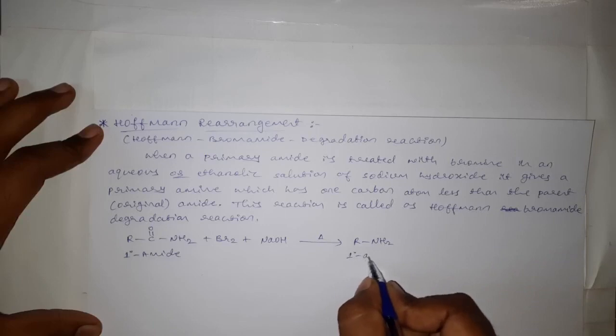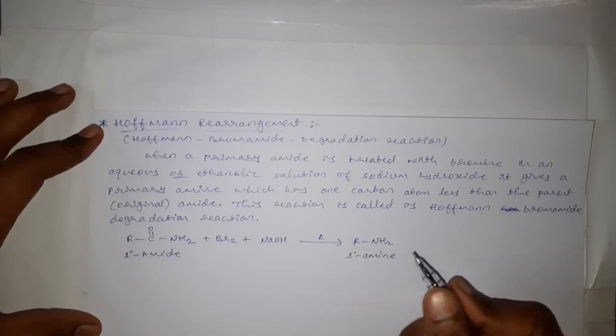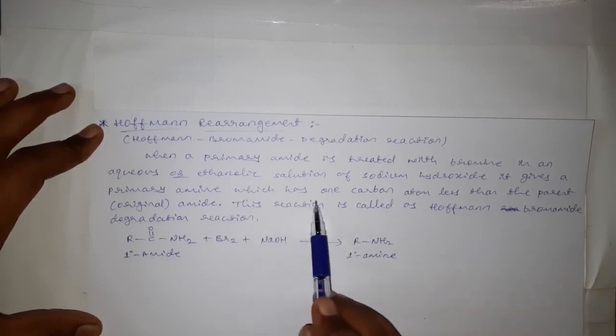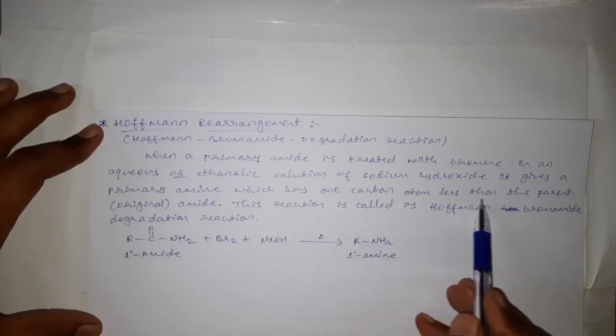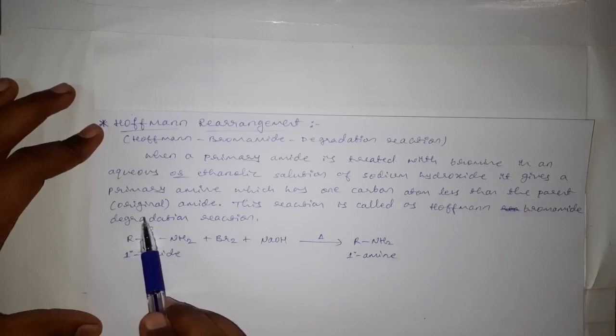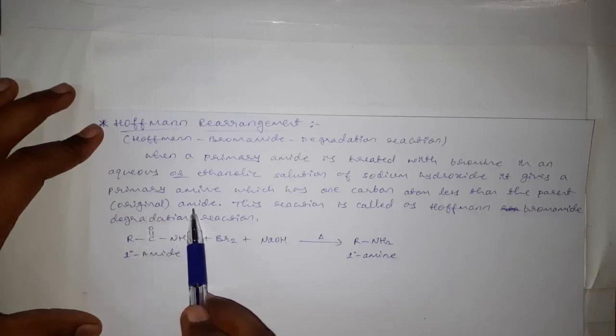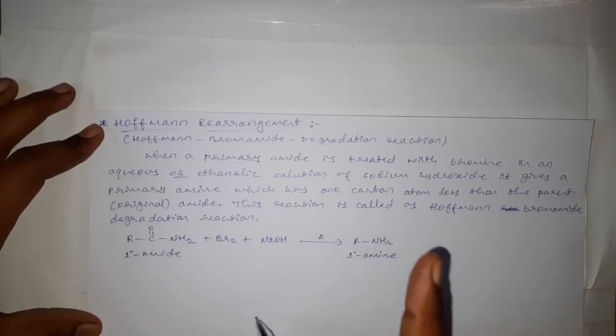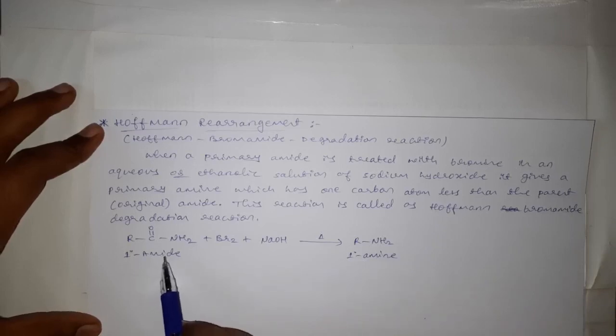This primary amine has one carbon atom less than the parent or original amide. See, in this amide, one carbon is there, and that carbon is missing here. Therefore, the primary amine we get has one carbon atom less than the parent amide.